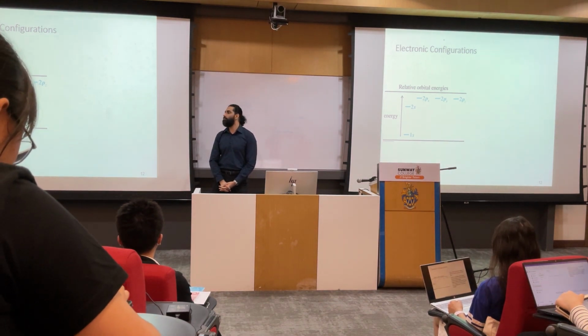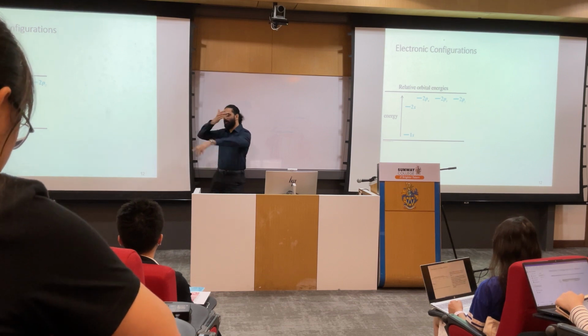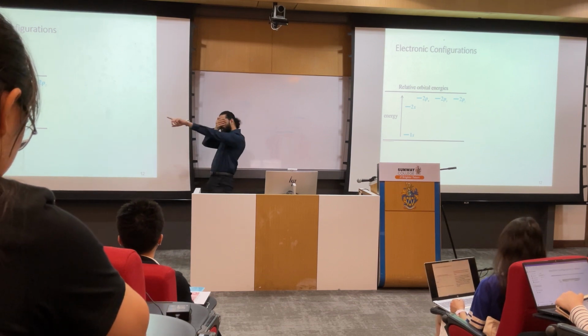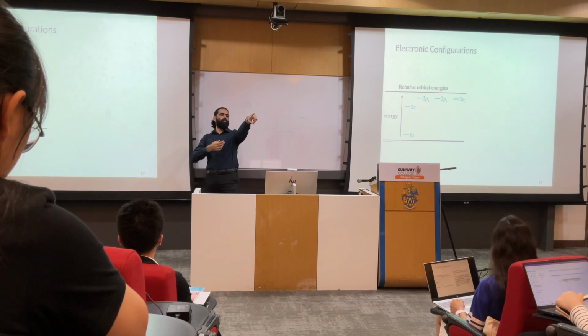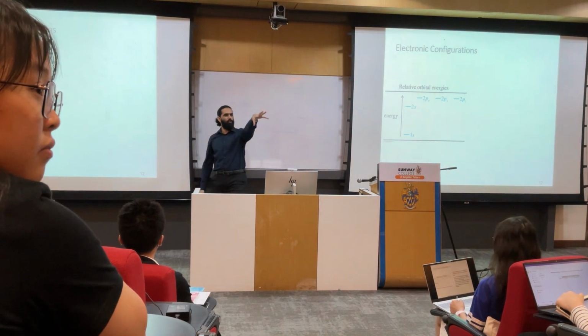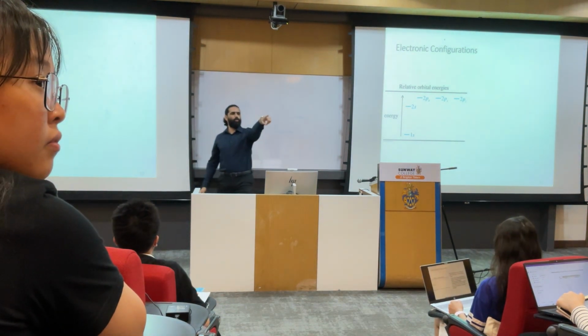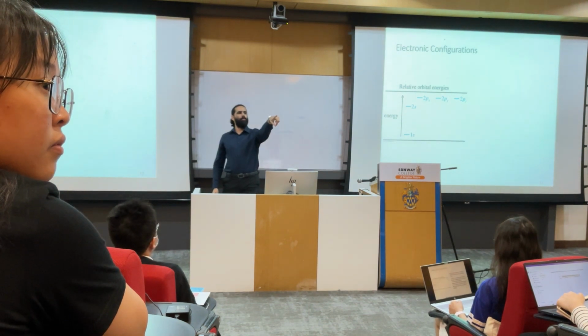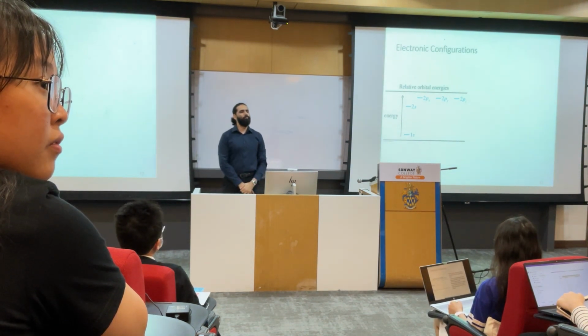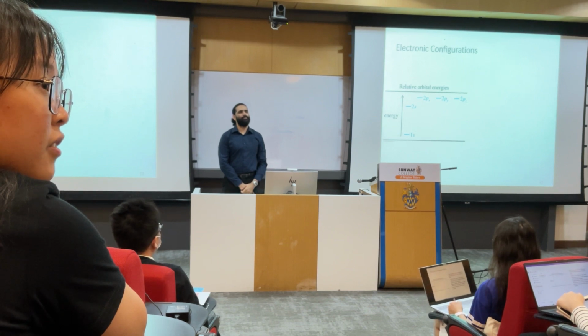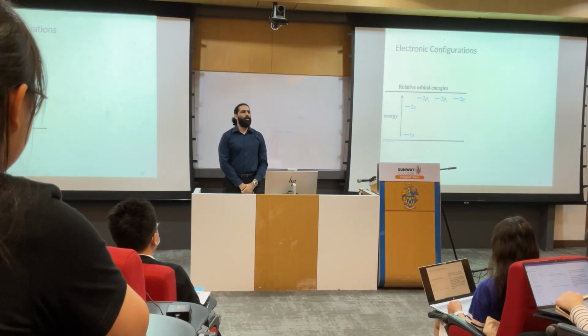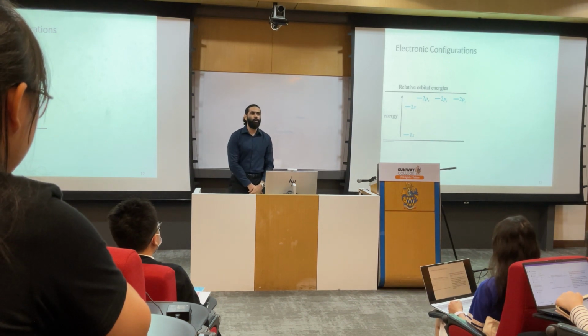Right, maybe randomly picking. Right, so, oh, this is very broad. Alright, so somewhere here. Probably you, yes, the lady with the laptop. What would be your name? Alright. Do you know what electronic configuration is?